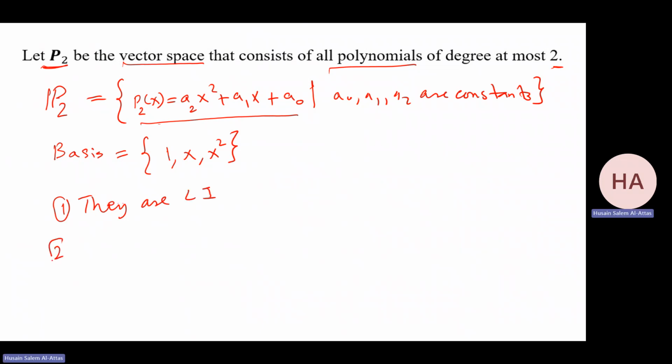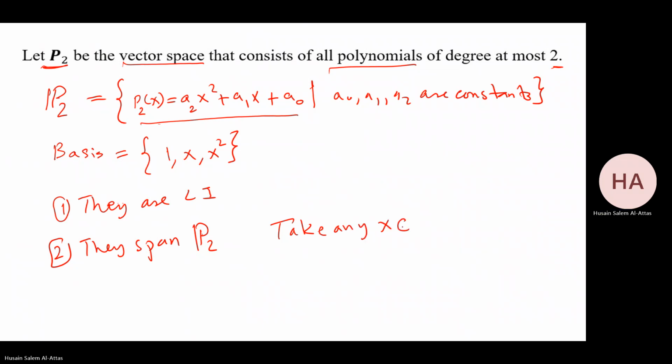Okay, two, they span P2. Why? Because take any element, call it V in P2. Then V will be written as a2x squared plus a1x plus a0.